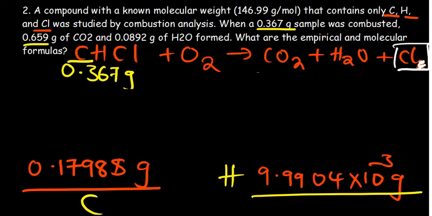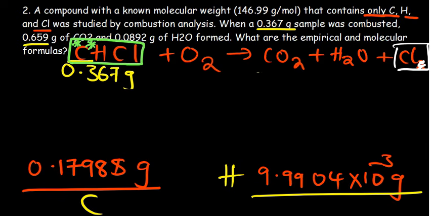Okay, we can clear some space now. Notice that the question was emphasizing that the compound only contained carbon, hydrogen, and chlorine. So if we have the mass of carbon, the mass of hydrogen, and the mass of the whole compound, do you agree that we're able to find the actual mass of the chlorine, which is the only missing one, by subtracting?